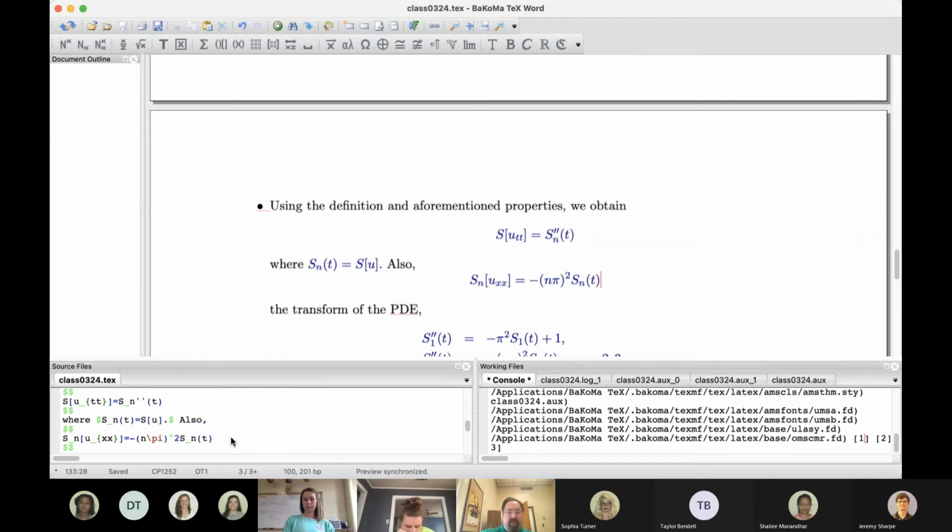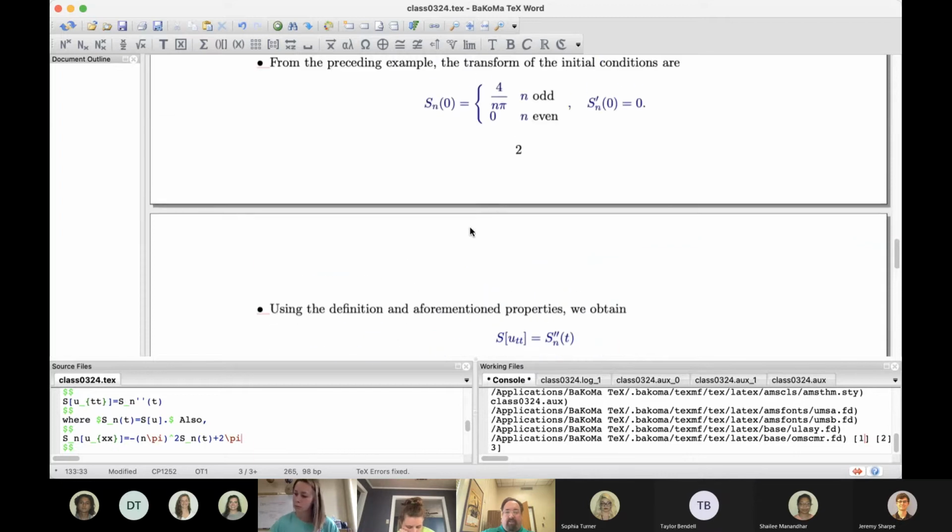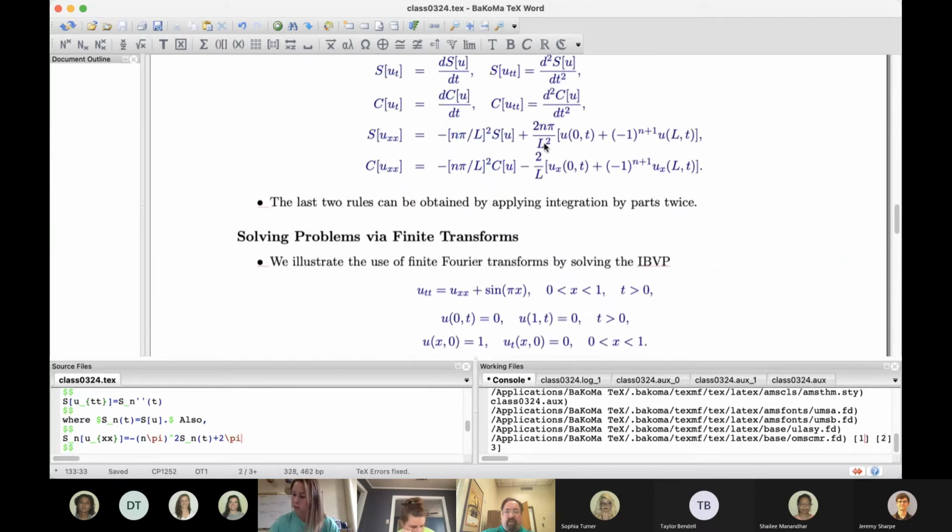So we have this plus 2 pi, and if we refer back to the rule for u_xx for the rest of it, sorry, it should be 2n pi. And then I have this boundary value plus this alternating factor times the other boundary value.